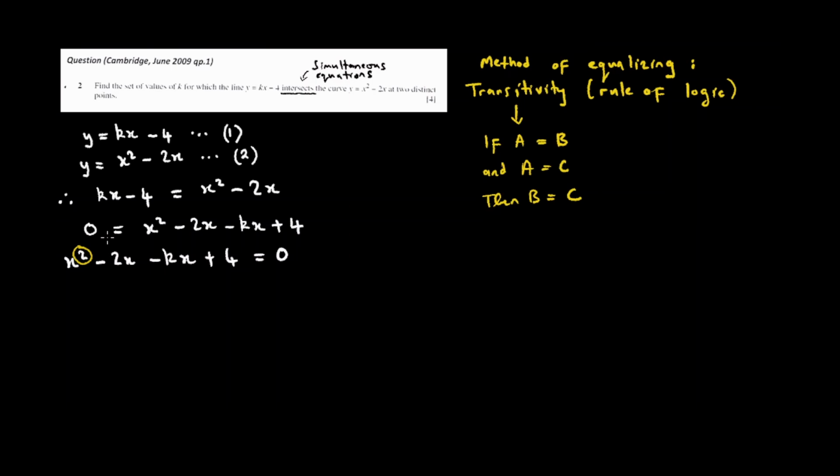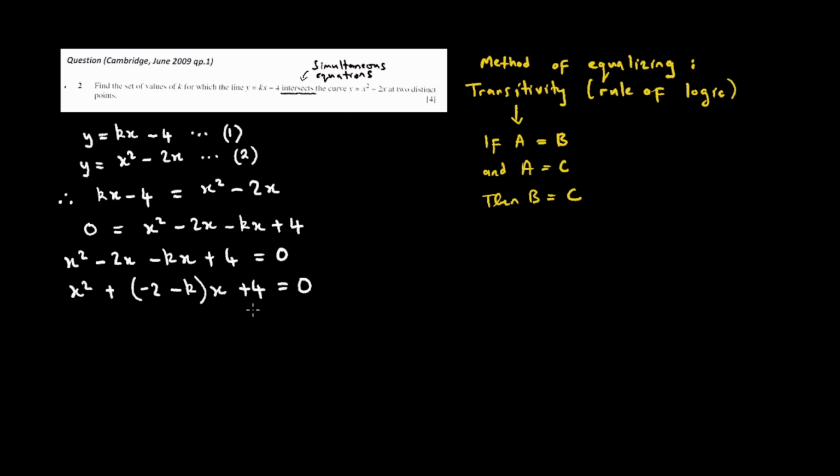The moment we see that it's quadratic, we now have to frame it as a quadratic equation. And how best do we do that? So here we write x squared plus, we factor out x from minus 2x minus kx, which is minus 2 minus k, times x, then plus 4 is equal to 0, like that.